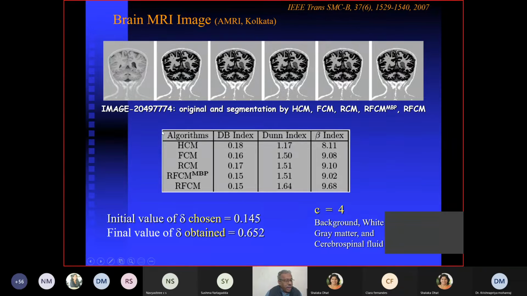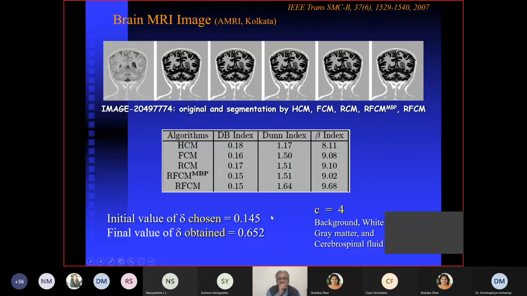Let's consider a brain MRI image. The brain MRI image is from an advanced medical research institute, Calcutta. It has four regions: background, white matter, gray matter, and cerebrospinal fluid. Now, the initial value of delta, I will explain what delta is.